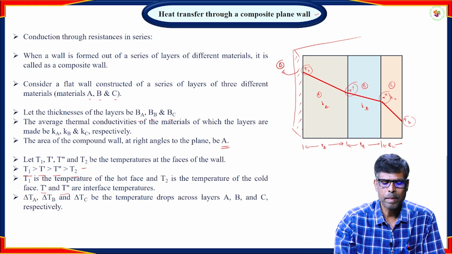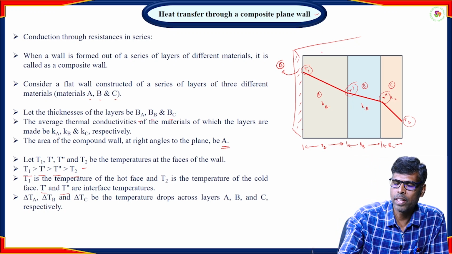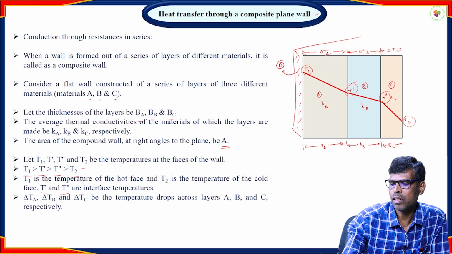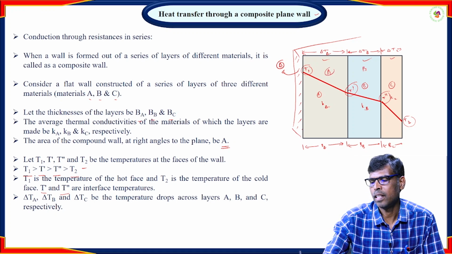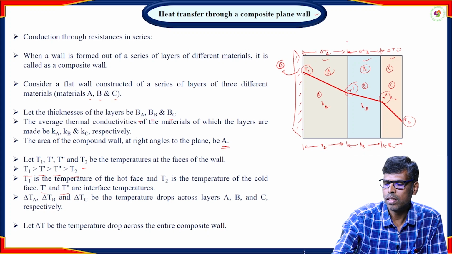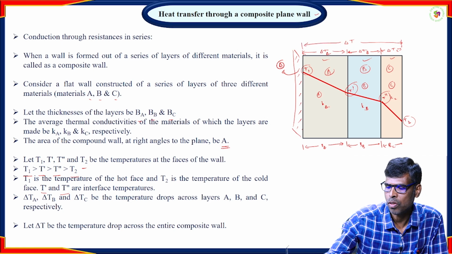Delta TA, delta TB and delta TC are the temperature drops at each layer, for material A, material B and material C. Let us take the total temperature drop for this composite wall as delta T, which is the overall temperature drop.